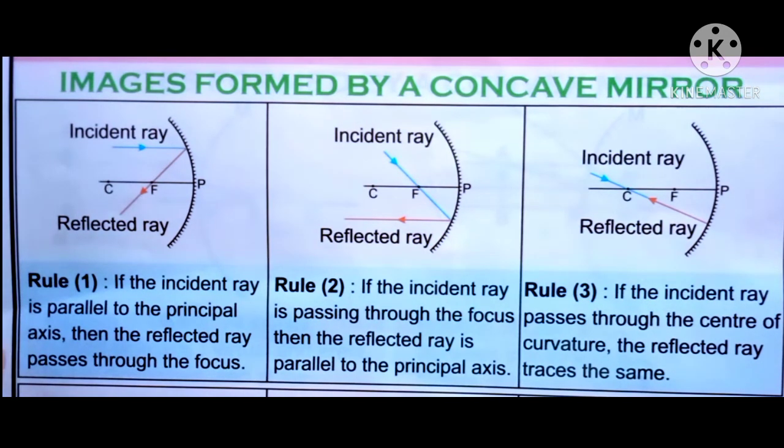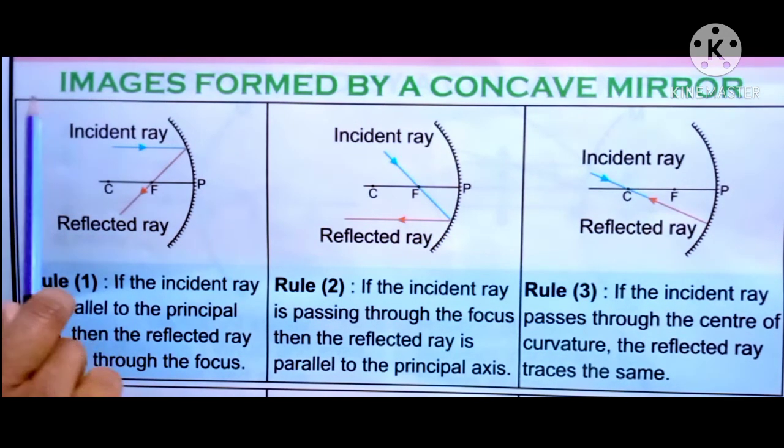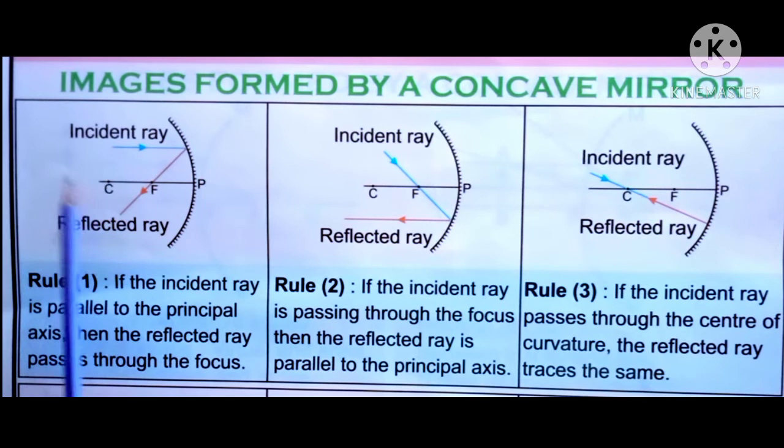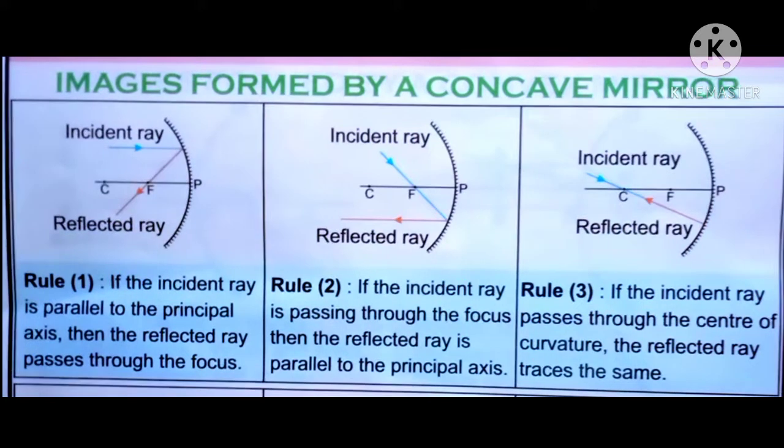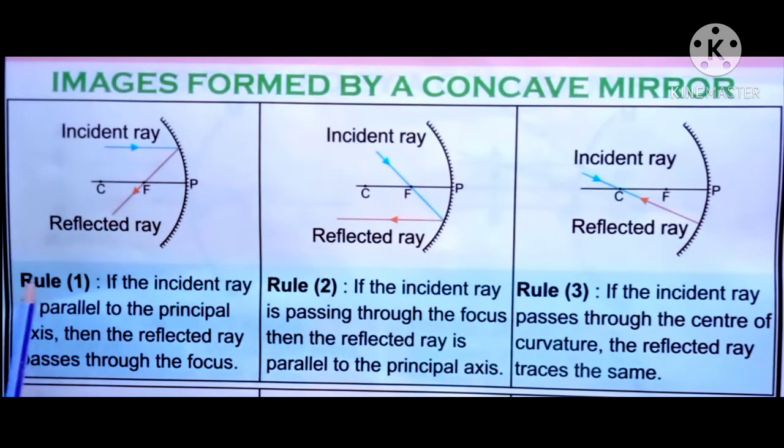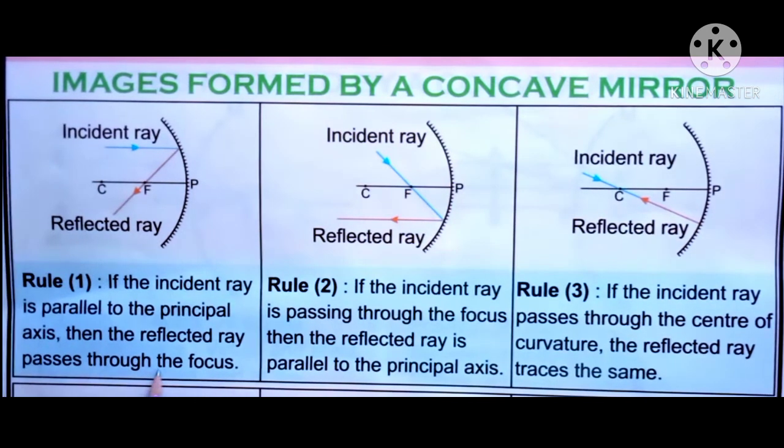Now students, let's study some rules to construct the ray diagram of images formed by a concave mirror. So what is the first rule? The first rule is, if the incident ray is parallel to the principal axis, then the reflected ray passes through the focus.